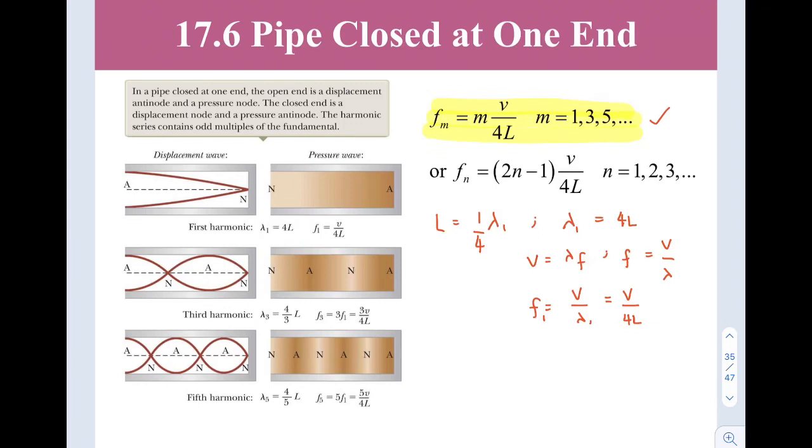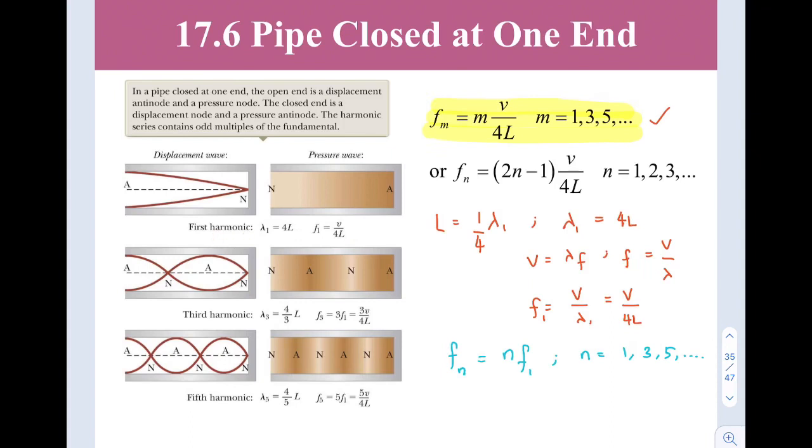Then next one, we always know that Fn is equivalent to n F1. This is still valid and applicable for a pipe closed at one end. But then again, it must be odd orders. So for a pipe closed at one end, for example this one, we can only have odd patterns, odd harmonics.